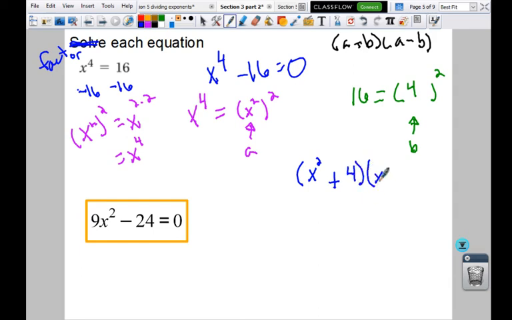And then same thing, x squared instead of a, minus 4. So we factored this using our difference of squares. Normally what you would do is say what can you do for each of these to make it equal 0, but I'm just going to practice the difference of squares first.